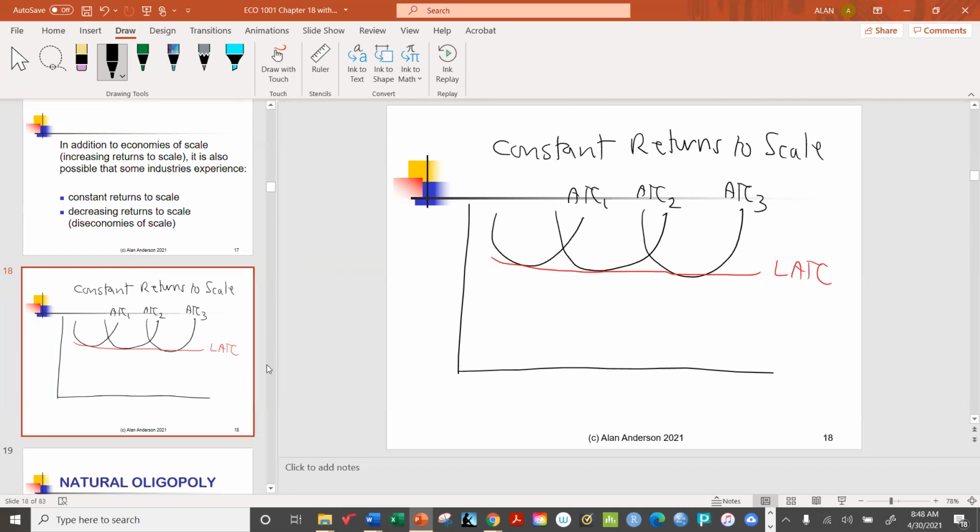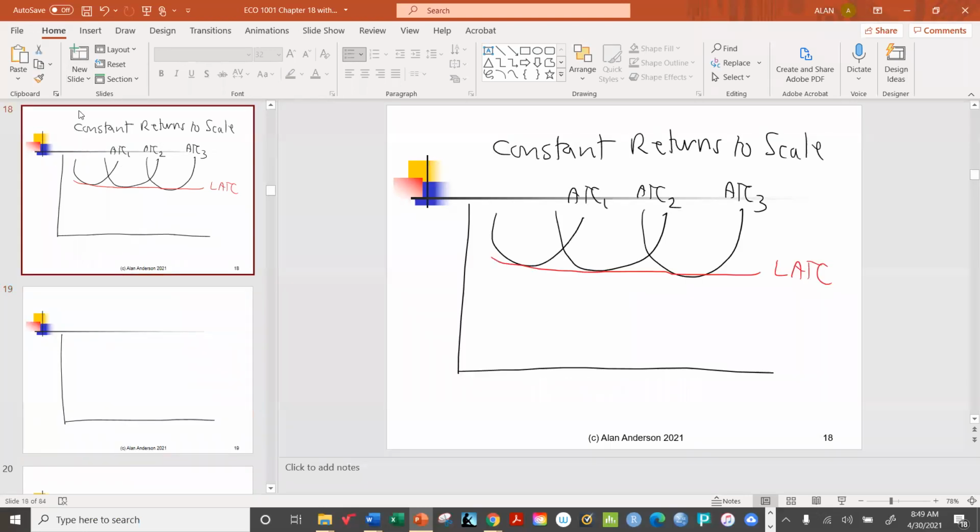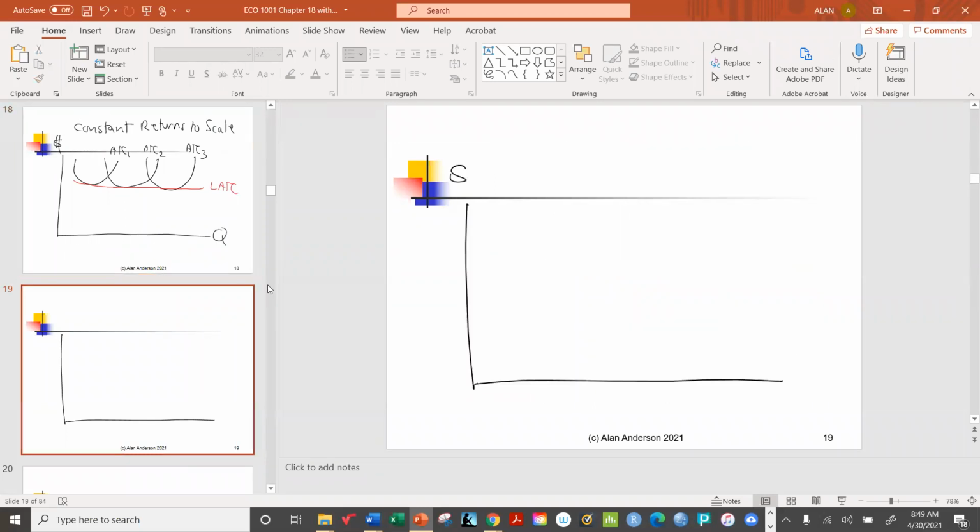And then the last possibility, the one that we don't like to see, is, oh, I forgot something here, dollars in Q. Here's an industry where every time you try to increase your output, costs are actually going up.